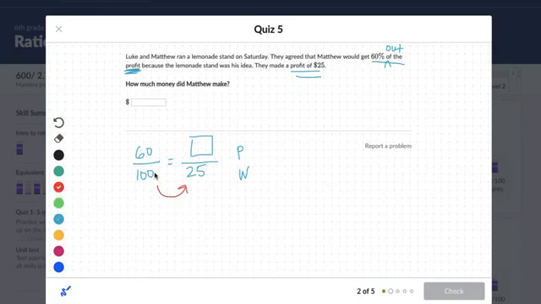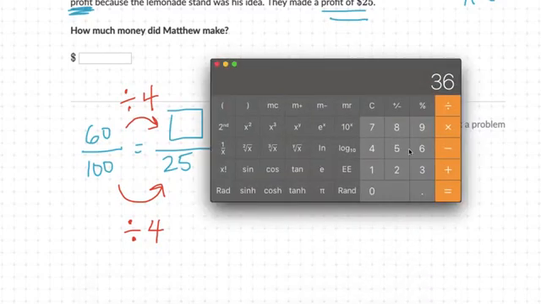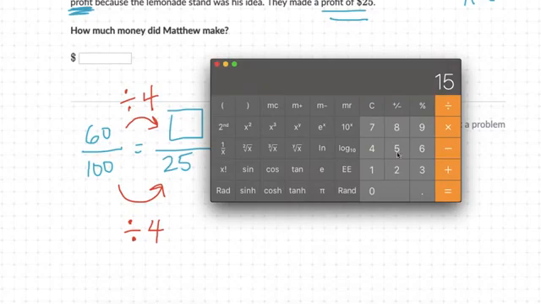Use your equivalent ratios. How do we get from 100 to 25? It's getting smaller, so we're going to divide. 100 divided by 4 gets us 25. So up here, we're also going to divide by 4 to get there. 60 divided by 4, we can put that in our calculators. 60 divided by 4 is $15. Okay, so if they had said he got half, 60 divided by 2, he would have gotten $30.